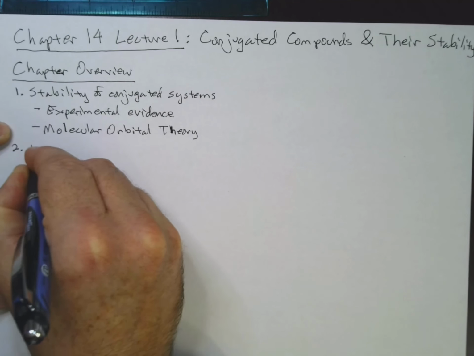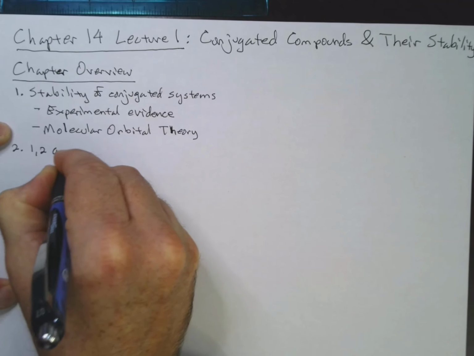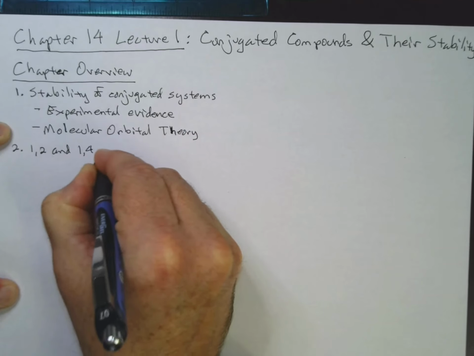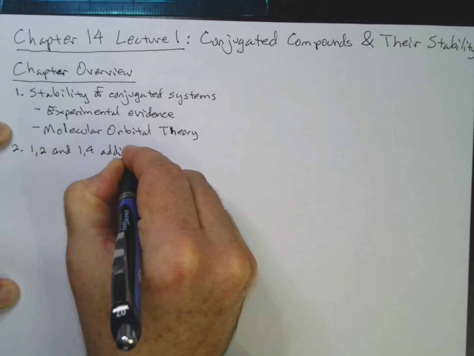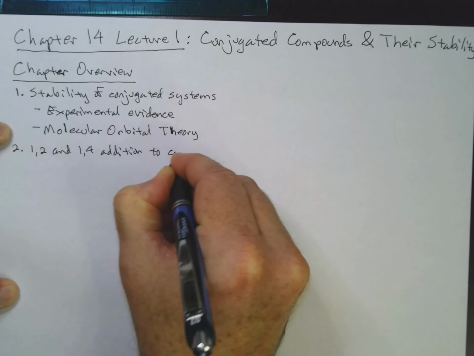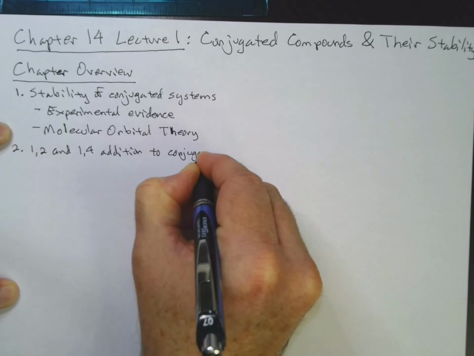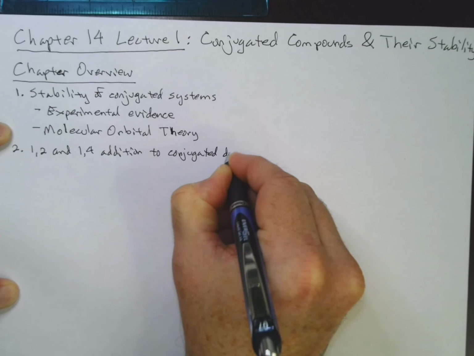So we'll look at two different versions, 1,2 and 1,4 addition to conjugated dienes.